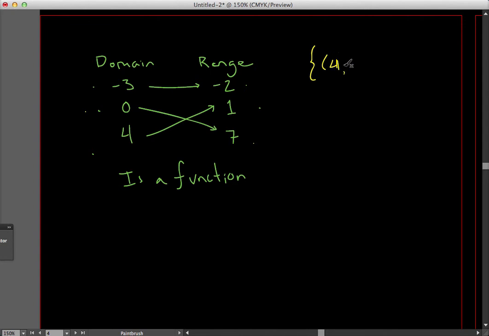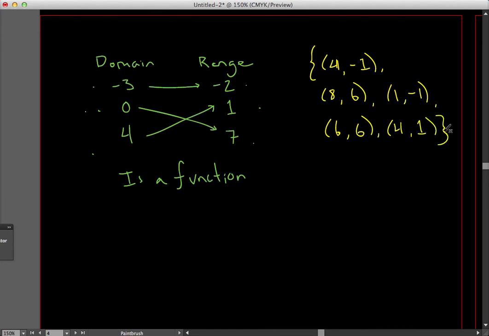In this case, we're actually looking at ordered pairs. So our first ordered pair is 4, -1. And then we're given 8, 6. We're given 1, -1. 6, 6. And 4, 1. And then we're going to close the set here.